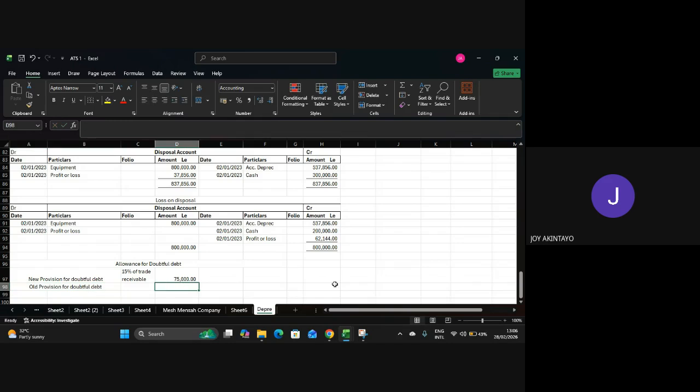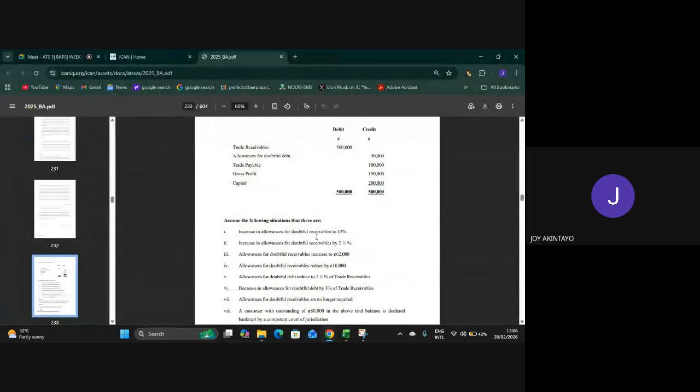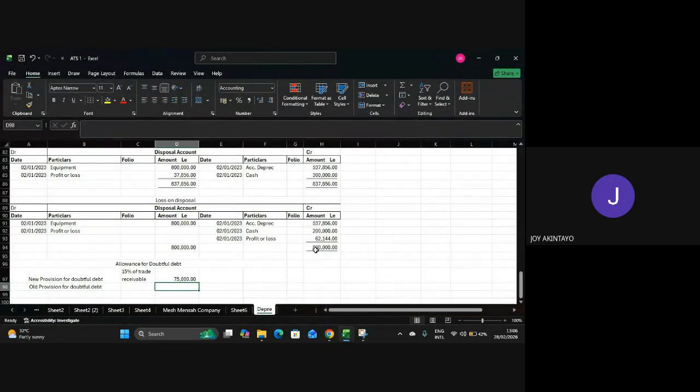How much do we have in our listing? In our trial balance, we have 50,000 naira. So we minus this from this. 75,000 naira minus 50,000. What do you have?